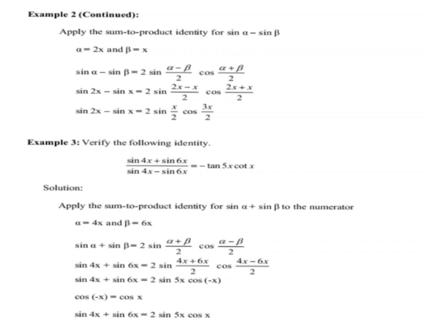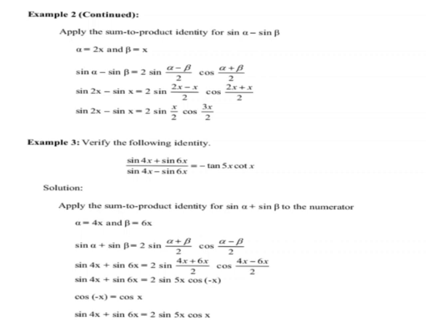So, then distribute the values of A and beta. Sine A is sine 4x plus sine beta is sine 6x, equal to 2 sine of (A plus B) over 2, which is 4x plus 6x over 2, then cosine of (A minus beta) over 2, which is 4x minus 6x over 2.